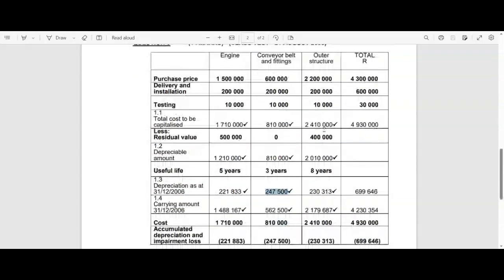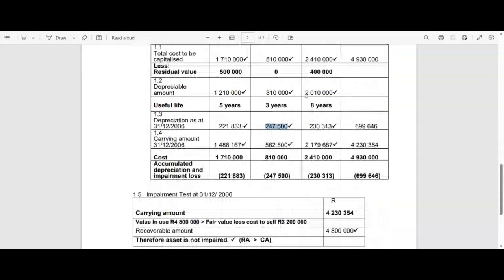The same with the next component, the outer structure, ladies and gentlemen. We saw that the depreciable amount is 2,010,000. So let us go and tap that in. And our expected useful lifetime is 8 years, so we divide it by 8. So it means our annual depreciation would have been 251,250 rands.